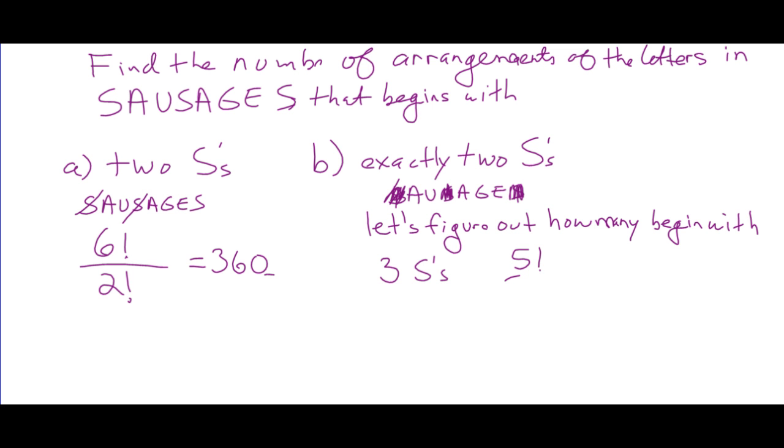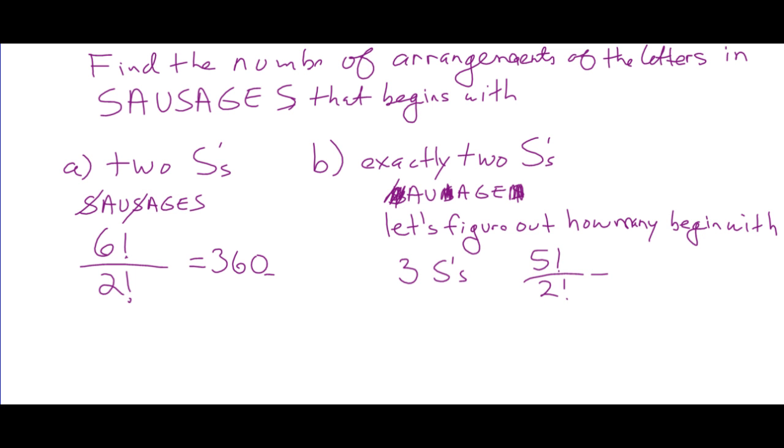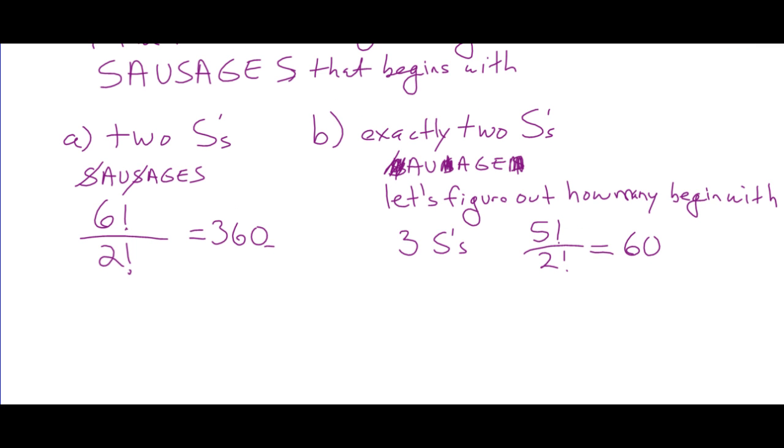Okay, so we did that. 5 factorial over 2 factorial is 60. So how many begin with exactly 2 S's? 300, right?